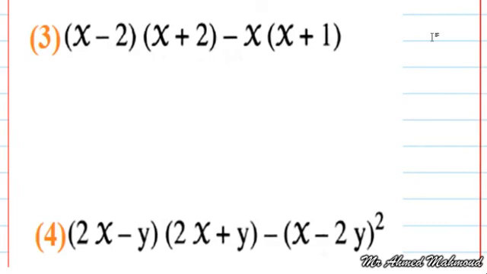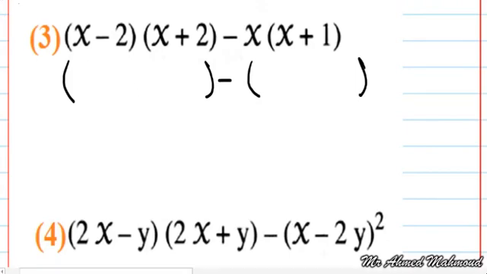this one we have x minus 2 multiplied by x plus 2 minus x multiplied by x plus 1. First I'm going to expand the first two brackets here, minus x times x plus 1 here, and then subtract them.